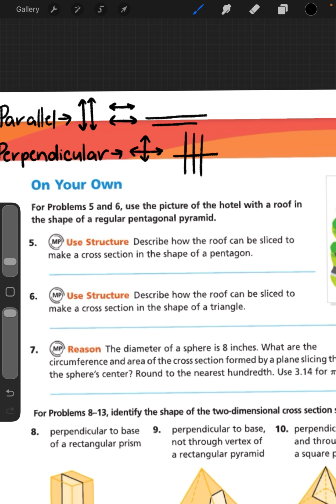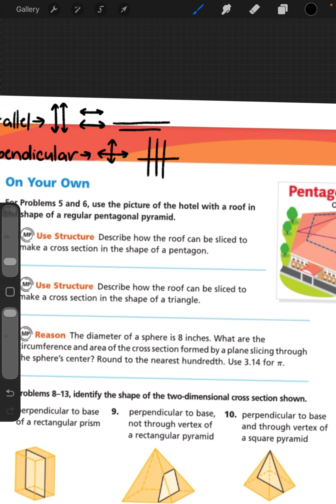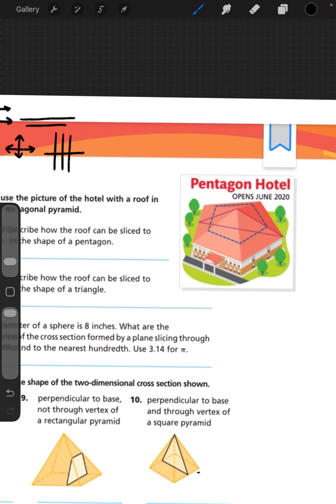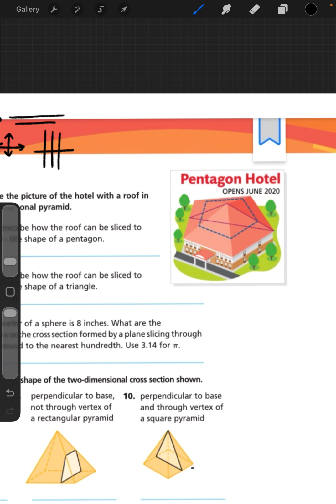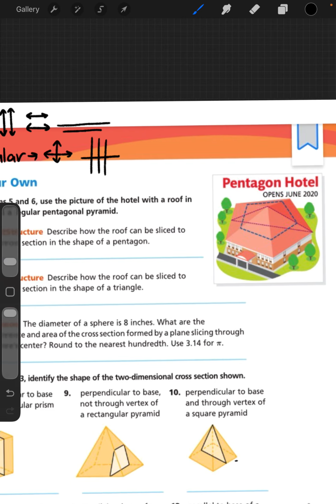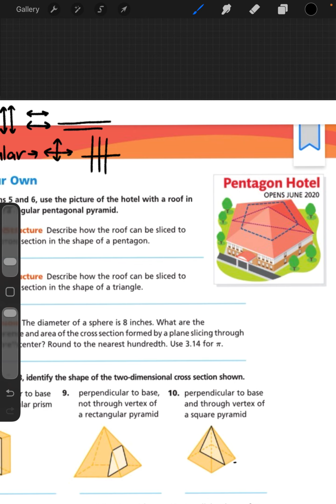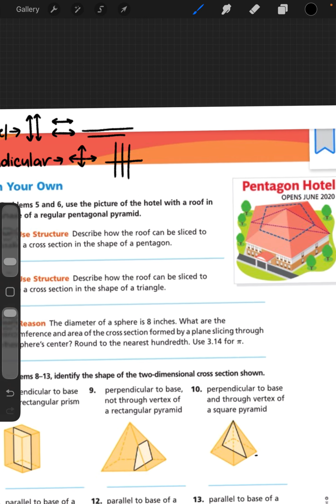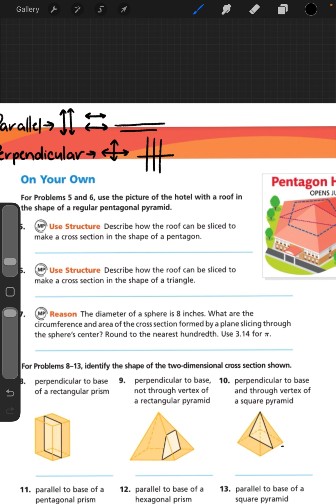So for problems 5 and 6, we are going to use the picture of this hotel that has a pentagon base, and it's like a pentagonal pyramid, right? So describe how the roof can be sliced to make cross sections in the shape of a pentagon.